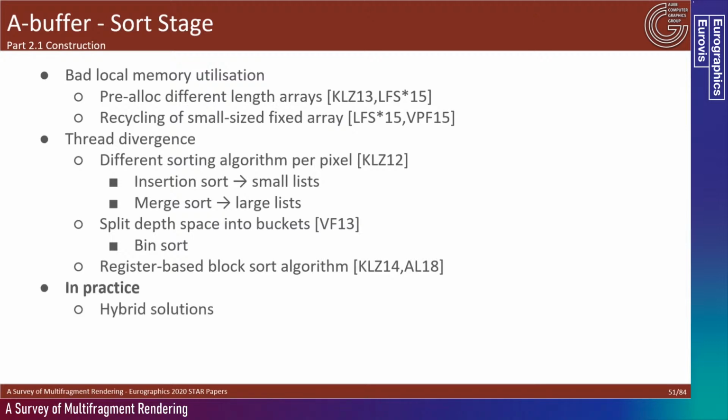In practice, however, choosing the appropriate sorting mechanism is application dependent, and more specifically, it's related to the generated fragment distribution. So, modern applications can employ a combination of the described methods, and a typical one is using pre-allocated length arrays with a combination of register-based block sorting.